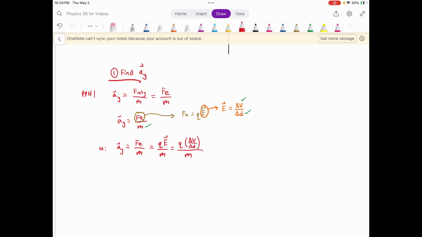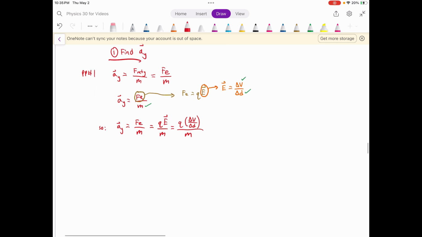I'm not saying you have to do it this way, but it's a good skill to start practicing, putting equations into other equations. I haven't said anything that's not true here. The acceleration is the force divided by the mass. The force is the charge times the electric field. And the electric field is the voltage divided by the separation distance.